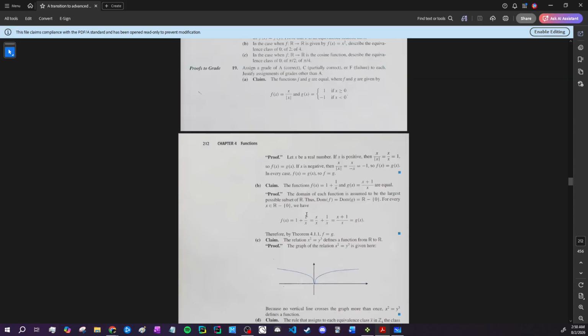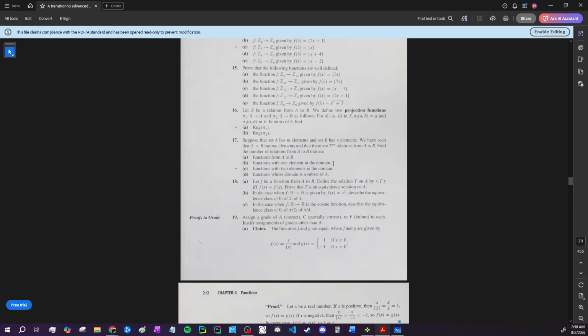So question 16, remember. Let S be a relation from A to B. So S is a relation from A to B. We define two projection functions, pi 1 from S to A, and pi 2 from S to B, as follows.